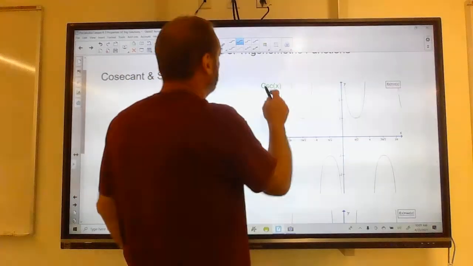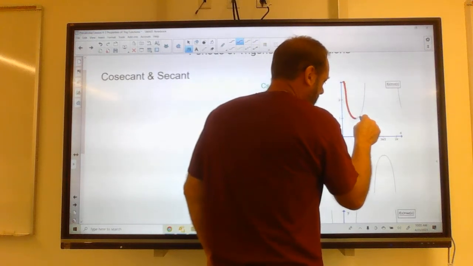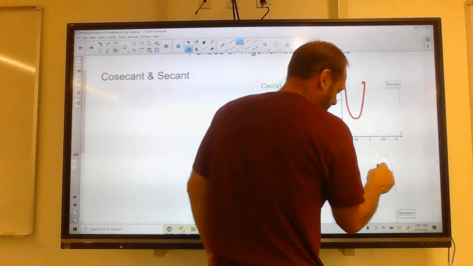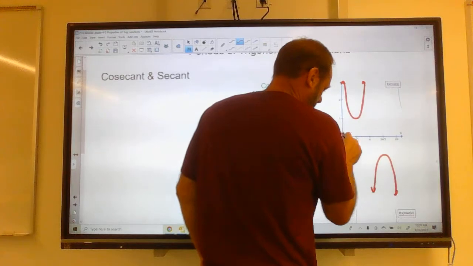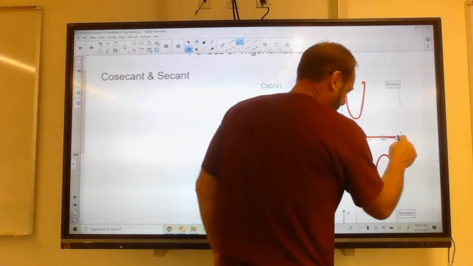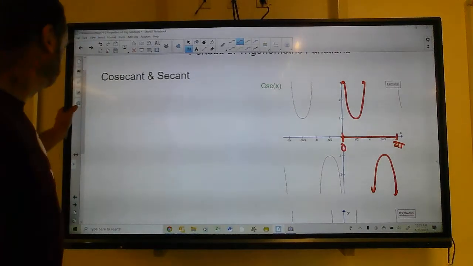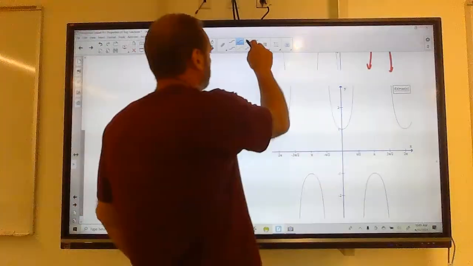So you can look right here, cosecant has these values between 0 and 2 pi, so the period is 2 pi. And secant does the same thing.